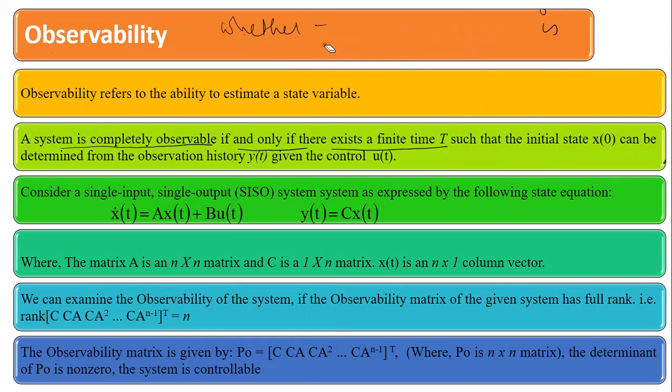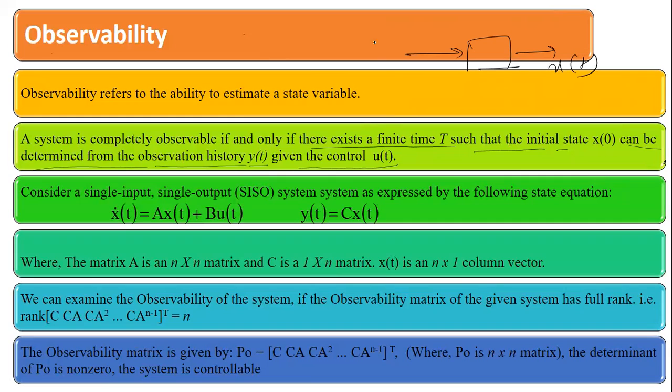A system is observable if and only if there exists a finite time such that the initial state x0 can be determined from the observation history yt given the control law ut. That means you have a system whose output is some state and input is the dynamics, and you have a control signal ut coming here, and then state feedback. This is the feedback, right?